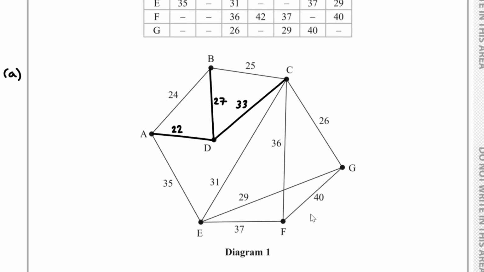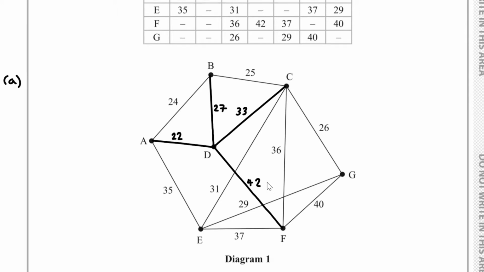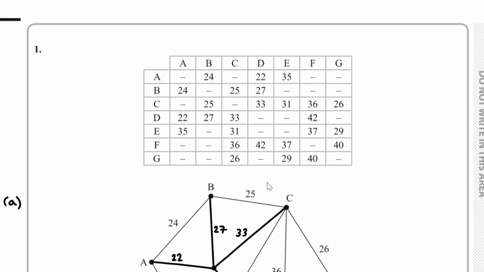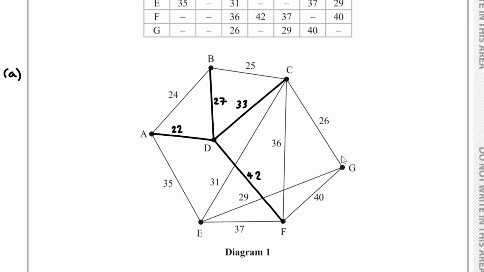Let's add this to the diagram. Here we have 42. And let's take a look at DG. There's no way of going from D to G directly. So this is the completed diagram.